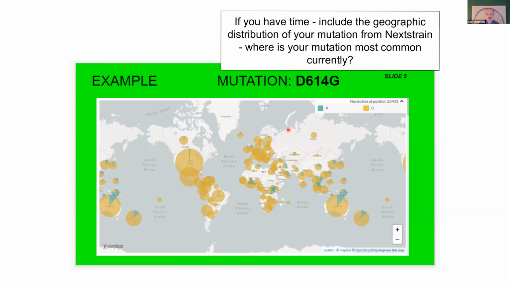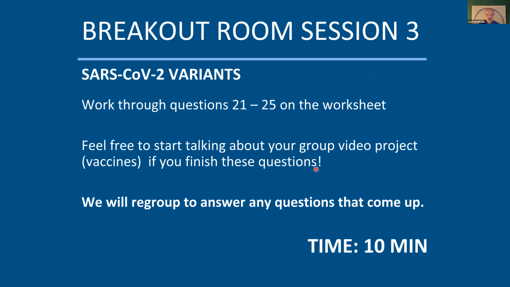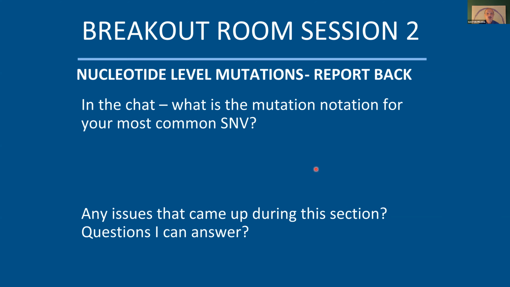And then you can look worldwide, where do you have that position? What's the distribution from all over the world for that? Okay, so that's room 2, to report out about your nucleotide level mutation.